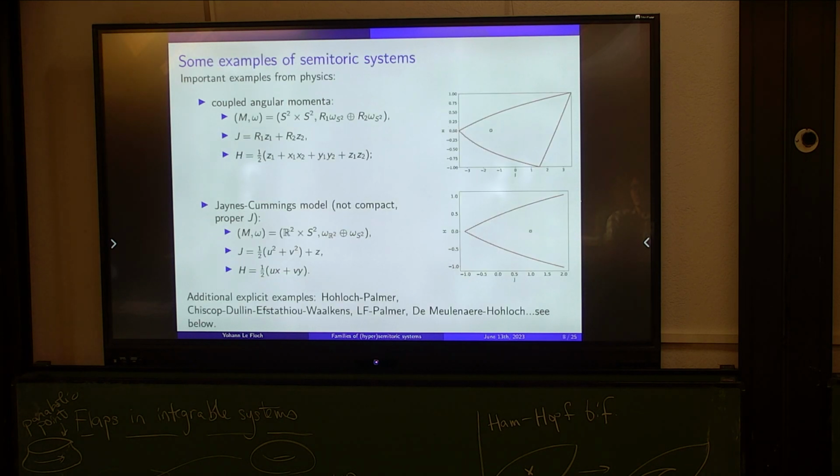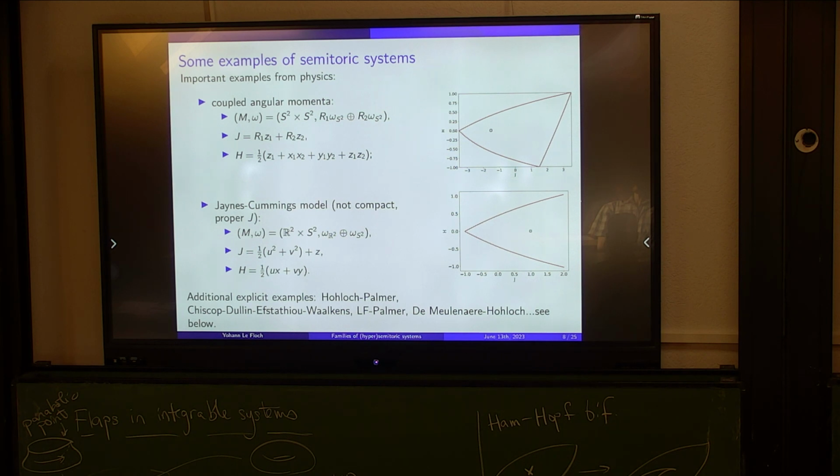And here are some historical examples that in fact predated the definition of semitoric systems, and that were coming from physical models that were very simple. One of them is obtained by coupling classical spins in a non-trivial way. And here the effective Hamiltonian S1 action you consider is, you have two copies of the unit sphere, and you rotate about the two vertical axes at the same time.